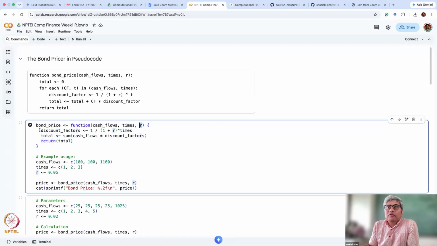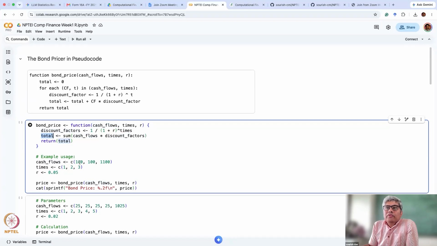First you calculate the discount factor. Cash flow is a vector and the discount factors will become a vector, and then if you just sum them up, that is total, and you return total.